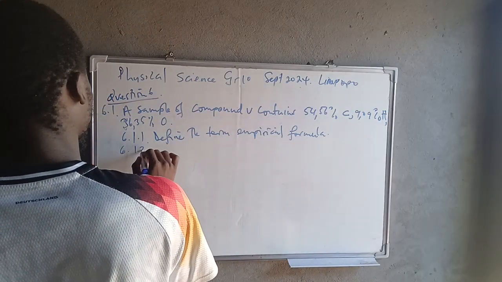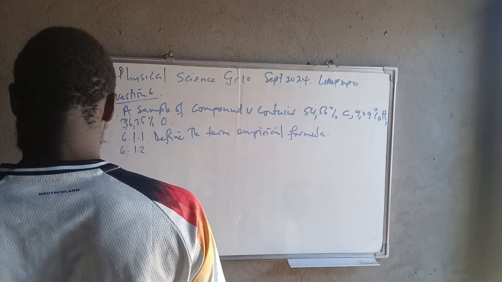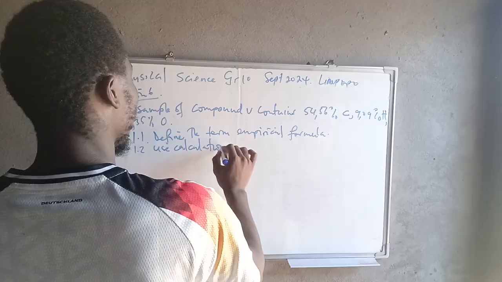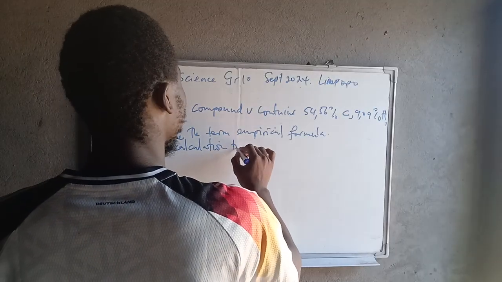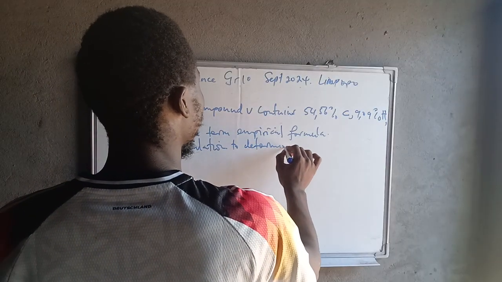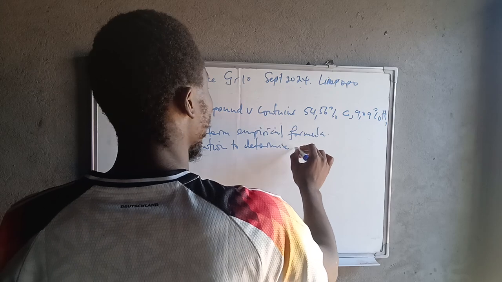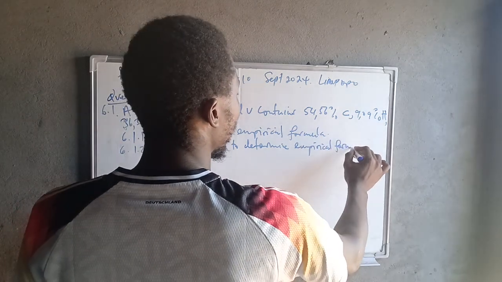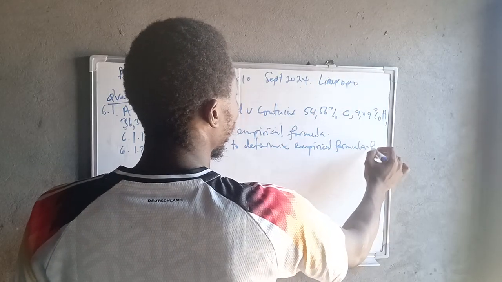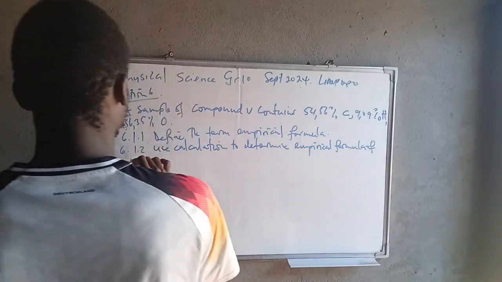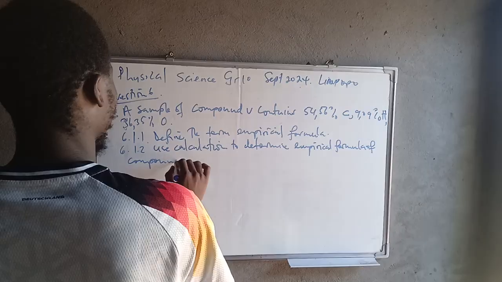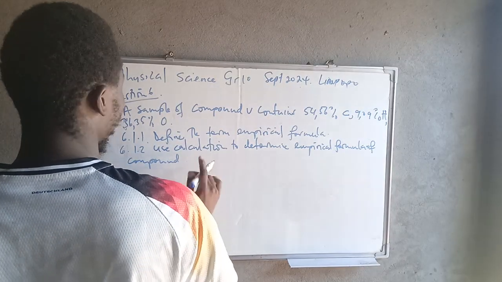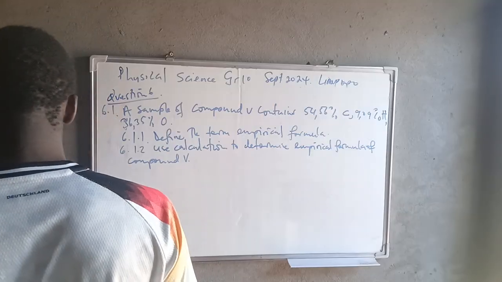Then 6.1.2 says use calculation to determine the empirical formula of compound V, right?